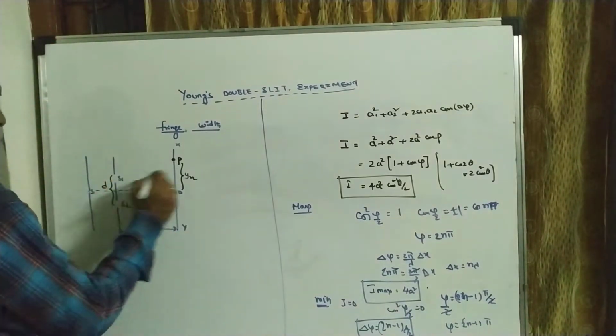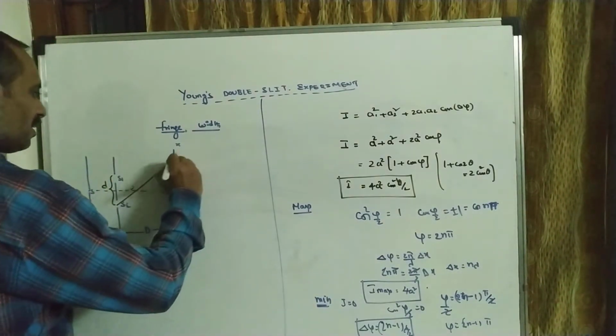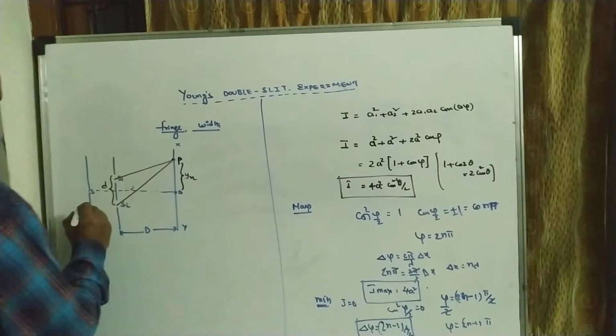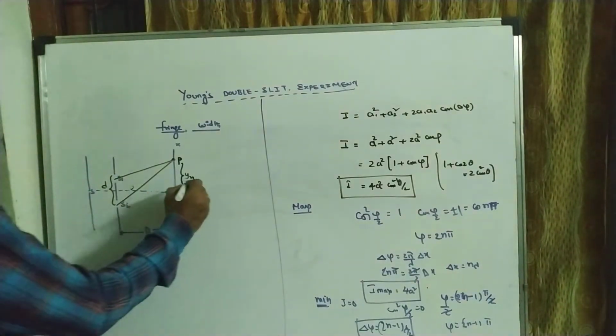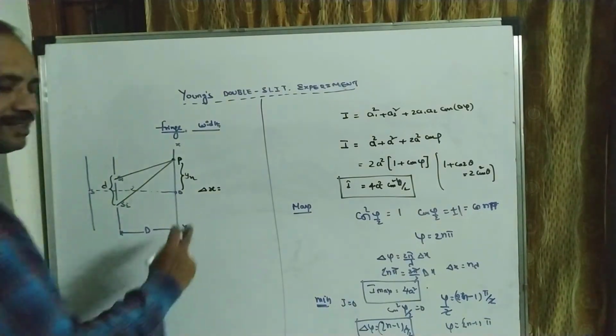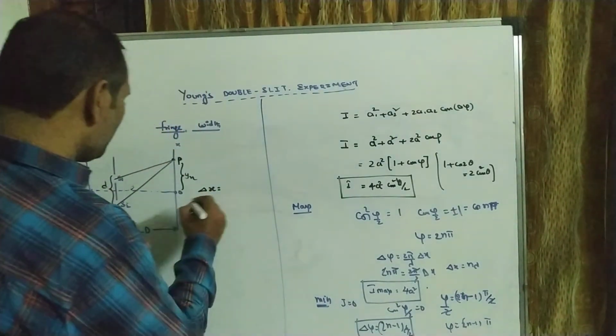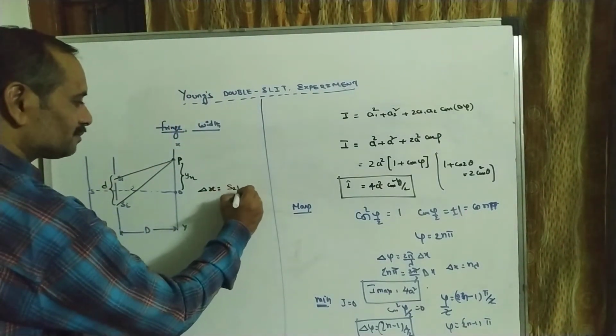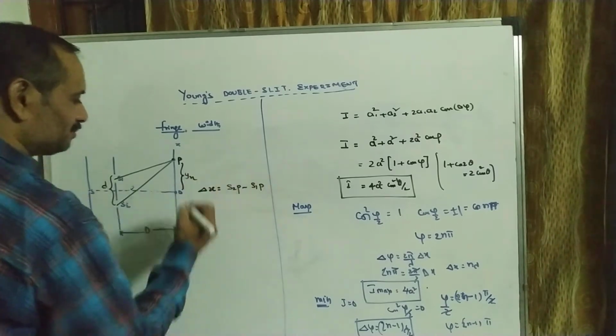So, path difference. This is the condition. Delta x equal to S2P minus S1P.